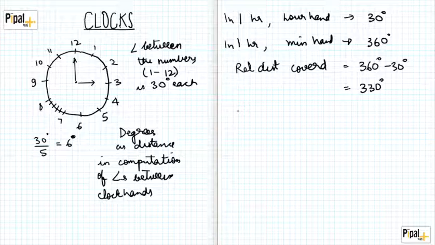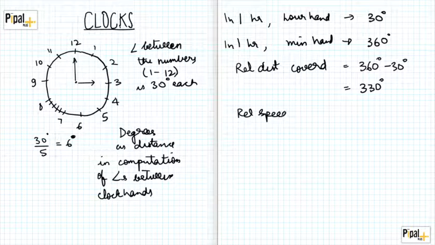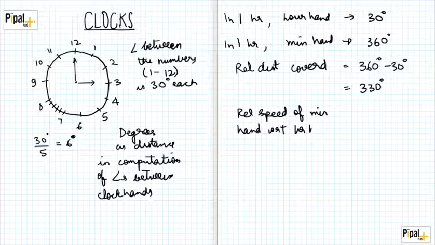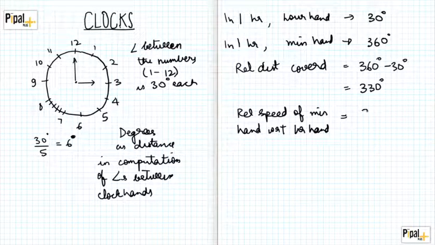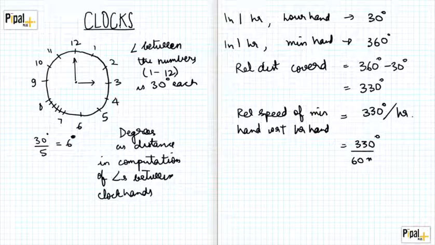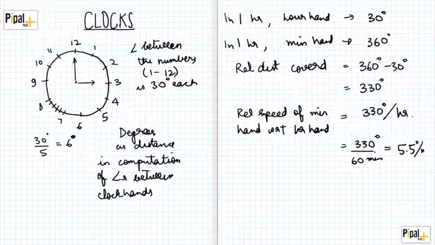So the relative speed of the minute hand with respect to the hour hand is going to be 330 degrees per hour, right? So 330 degrees per hour, if I replace an hour by 60 minutes, is equivalent to 330 degrees divided by 60 minutes, or we get 5.5 degrees per minute, right?